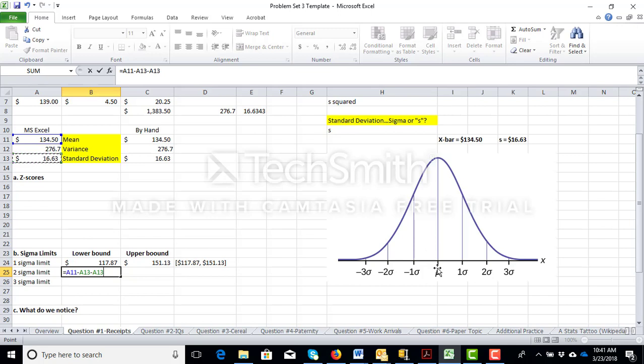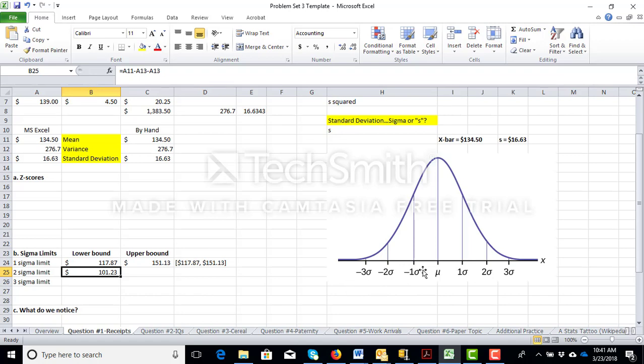I look at the graph: the average, $134.50, minus 1 standard deviation minus another standard deviation. That gets us to $101.23. You may be thinking about a different formula where you would put equals the average minus 2 times the standard deviation. That's fine. I'm just trying to show you step-by-step how this would work.